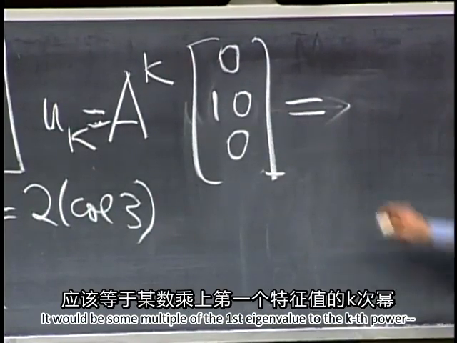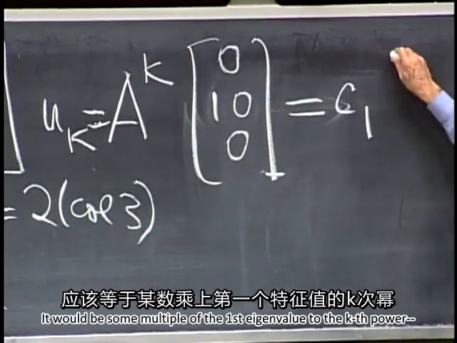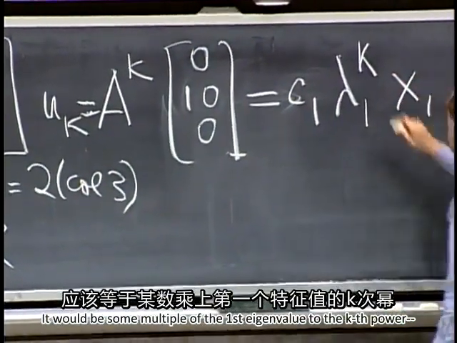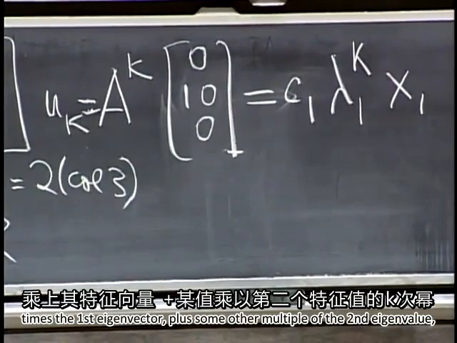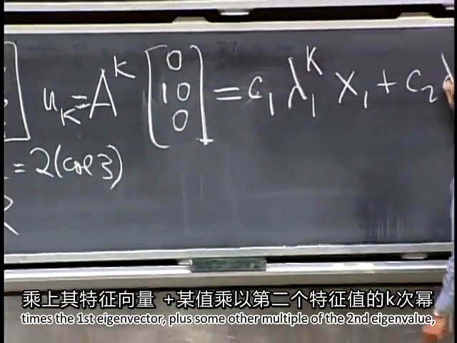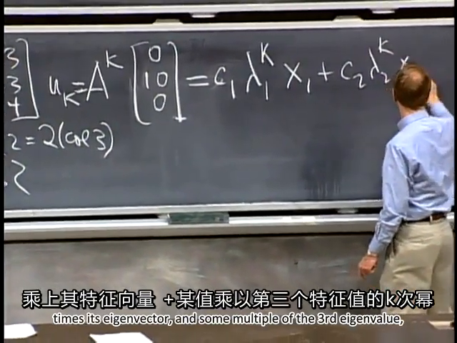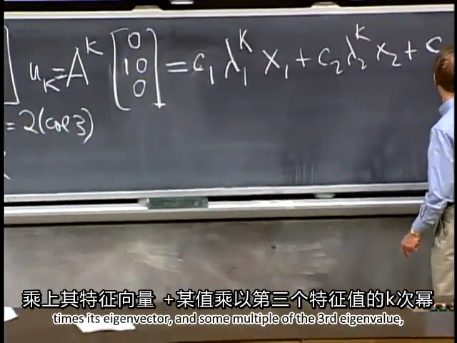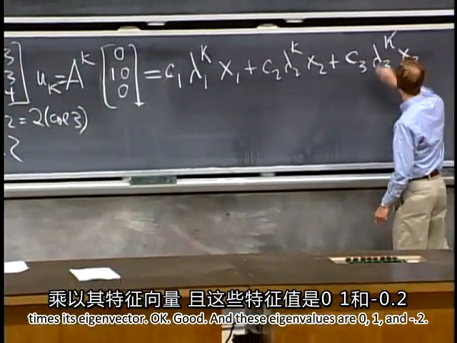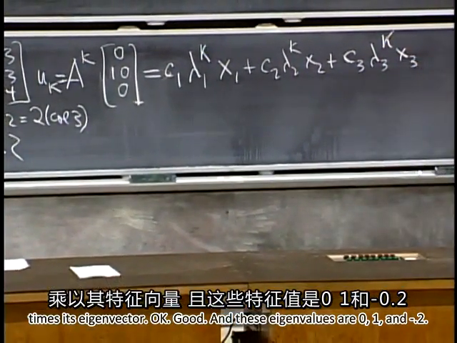It would be some multiple of the first eigenvalue to the kth power times the first eigenvector, plus some other multiple of the second eigenvalue to the kth power times its eigenvector, and some multiple of the third eigenvalue to the kth power times its eigenvector. Okay, good.